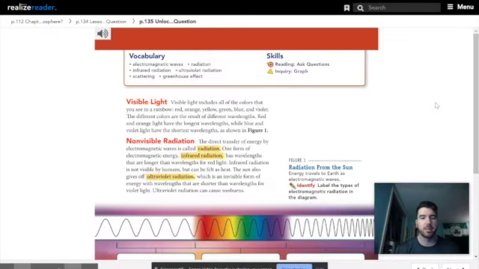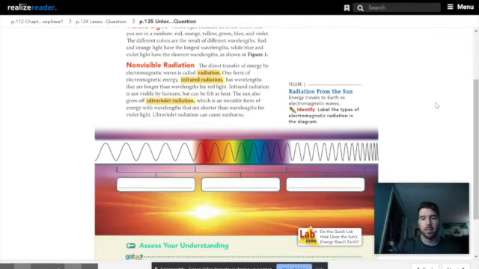All right, so let's talk about visible light. Visible light includes all of the colors that you see in the rainbow: red, orange, yellow, green, blue, and violet. The different colors are the result of different wavelengths. Red and orange light have the longest wavelengths, while blue and violet have the shortest wavelengths, as shown in Figure 1 below.